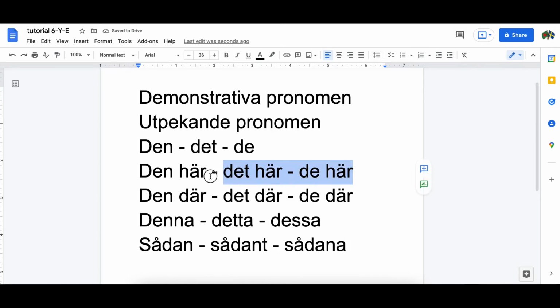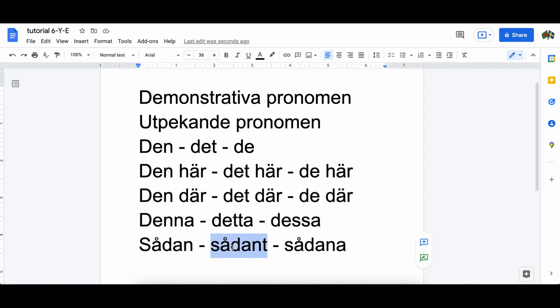Så först är de här. Så hur talar man? How to pronounce? Den här, det här, de här. Den där, det där och de där. Sen finns det denna, detta och dessa.